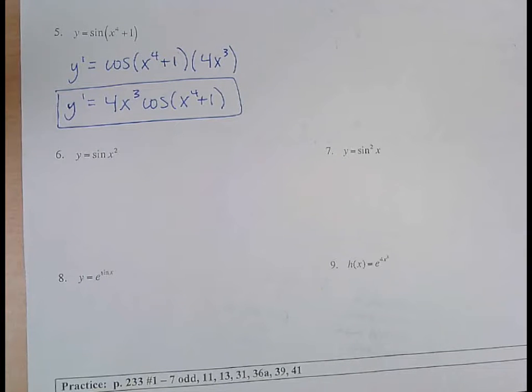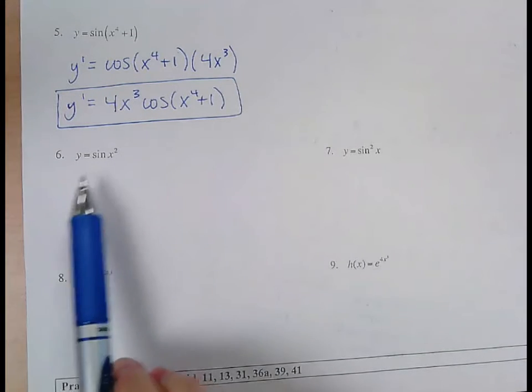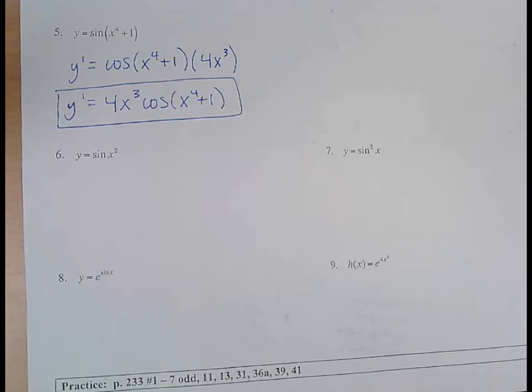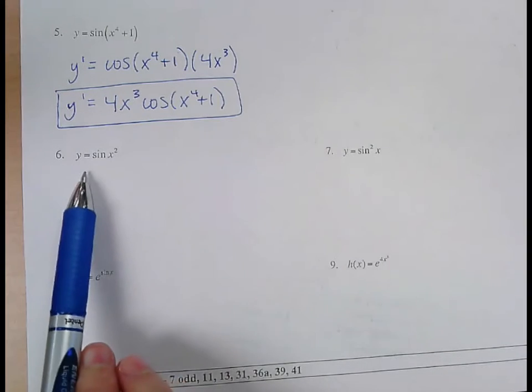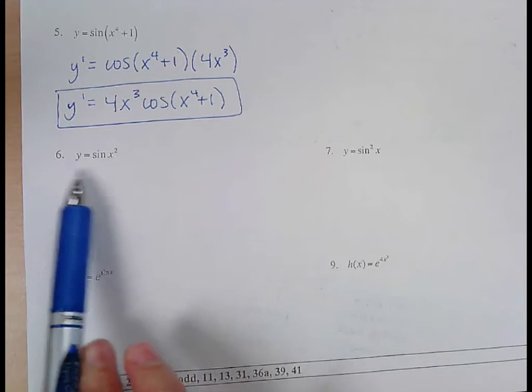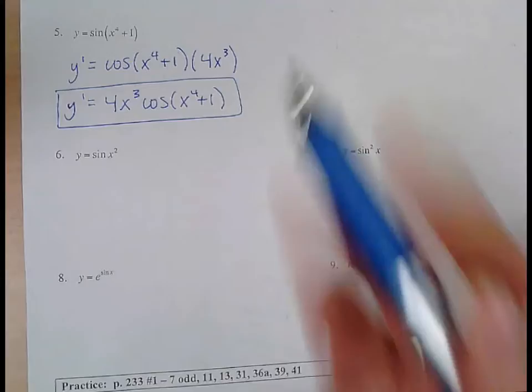For 6 and 7, these kind of go together, kind of not. Not meaning they're not the exact same, but I put them both on here on purpose. So y equals sine of x squared. What is the inside function for number 6? The x squared.